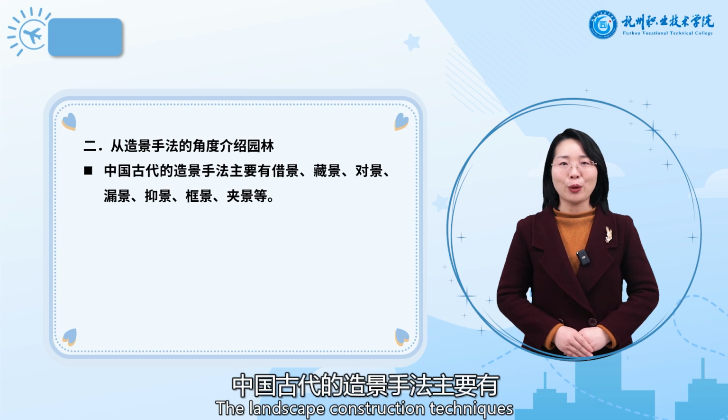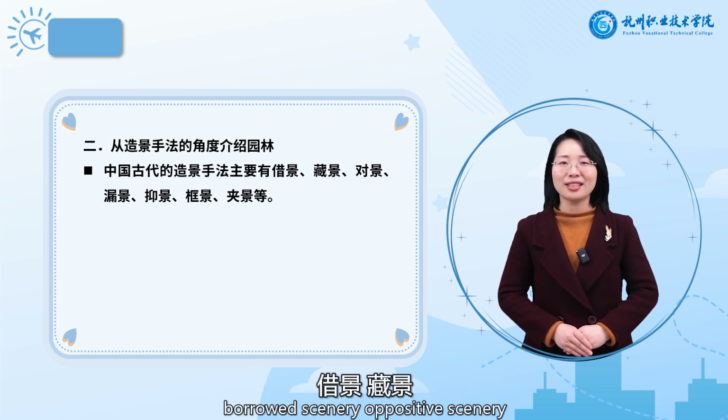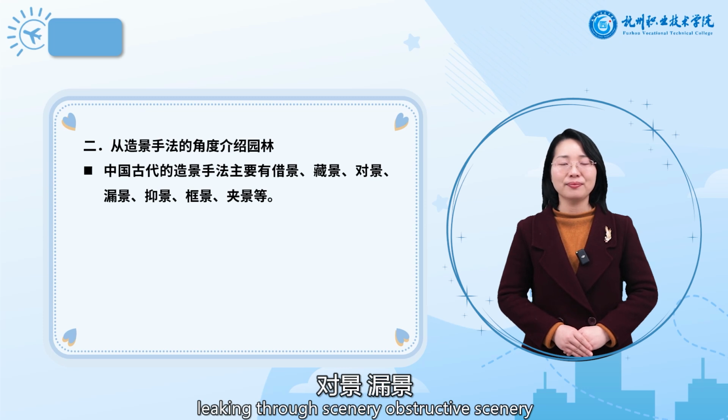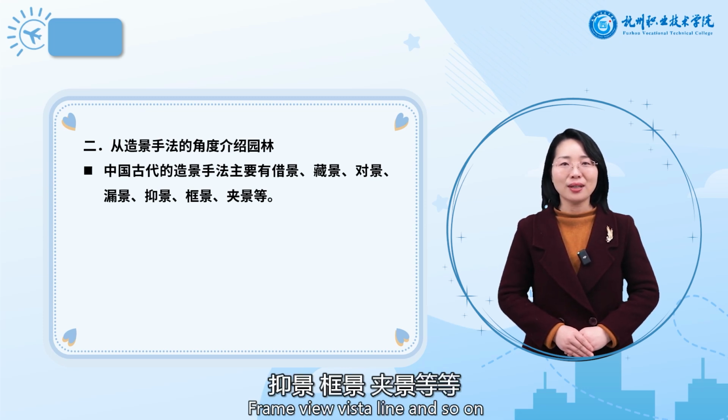The landscape construction techniques in Chinese gardens mainly include borrowed scenery, oppositive scenery, leaking through scenery, obstructive scenery, frame view, vista line, and so on.